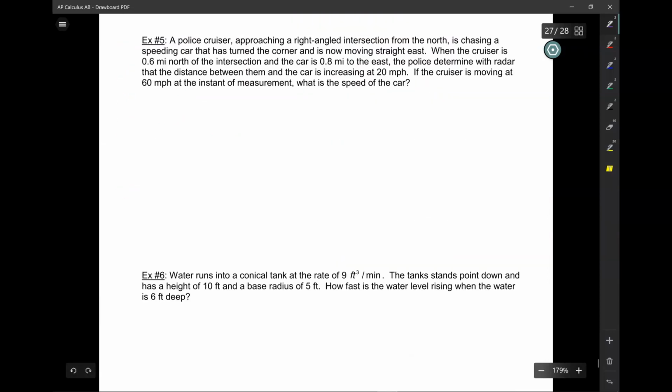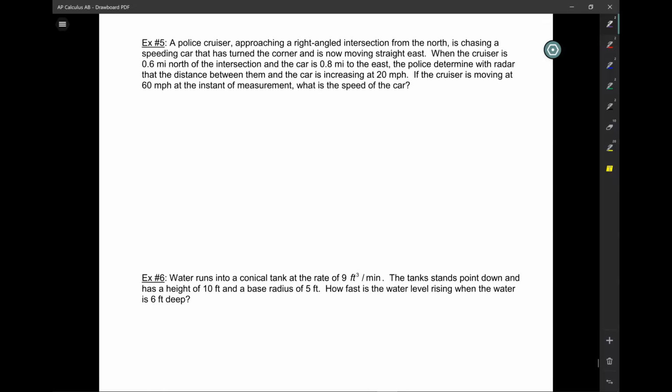Okay. All right, take a look at this one. A police cruiser approaching a right-angled intersection from the north is chasing a speeding car. Well, that's close to home these days. That has turned the corner and is now moving straight east, right?